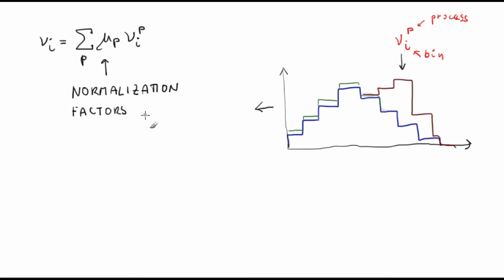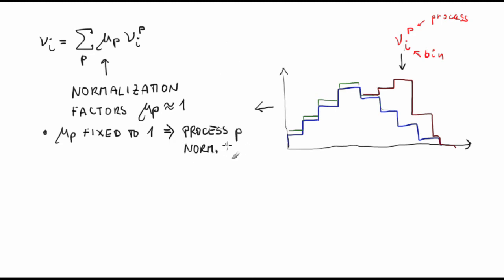The event weight W_i is constructed in such a way that the estimator of the normalization factor μ_p should be close to 1. Actually, not all processes need to be assigned a normalization factor. If the factor is omitted, then the expected event yields are fixed to the Monte Carlo prediction for the process in question. Typically, the normalization factor for the signal process is free, and it is called the signal strength.